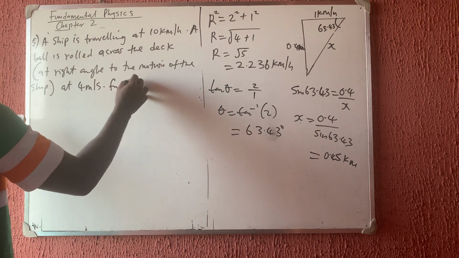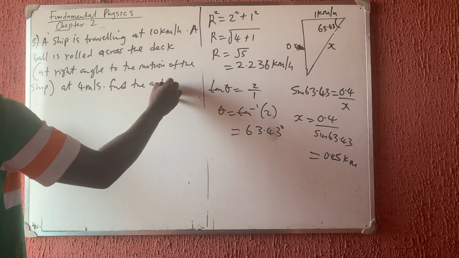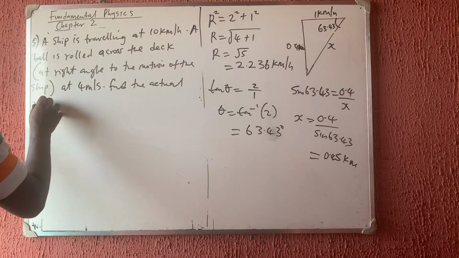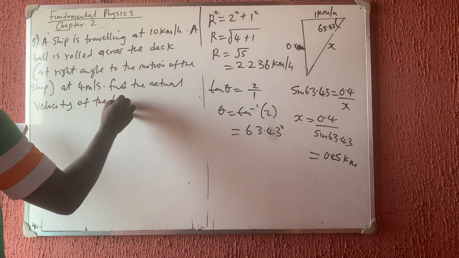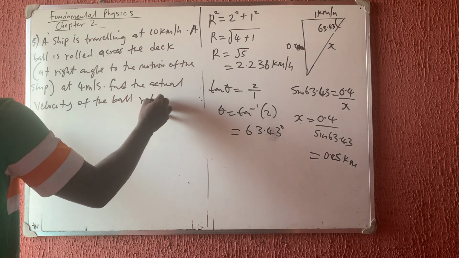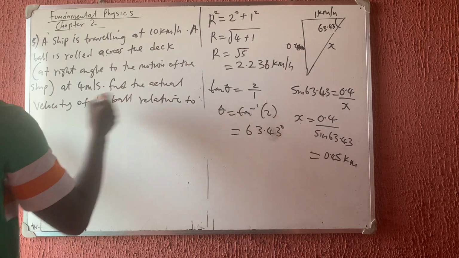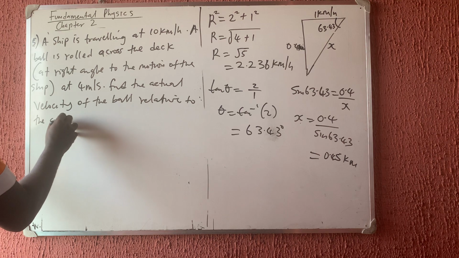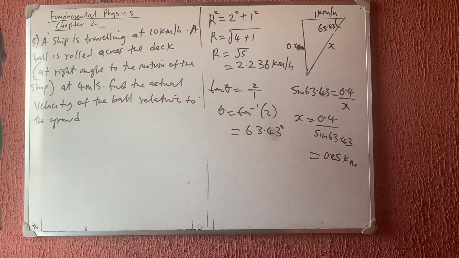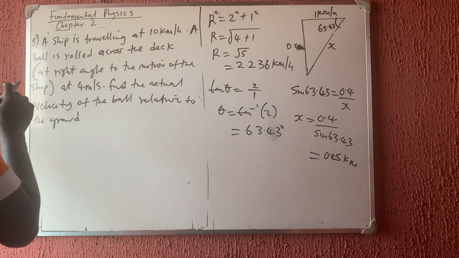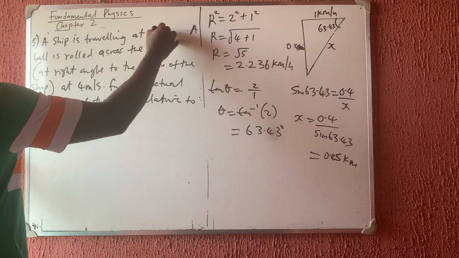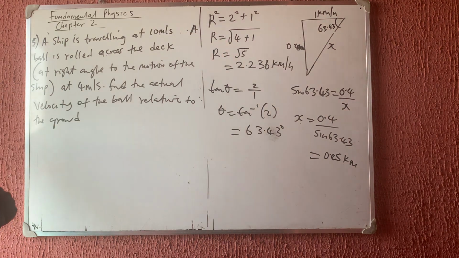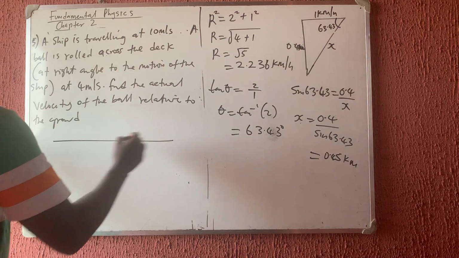Then I say find the actual velocity of the ball relative to the ground. Now first of all, this thing is in meter per second. They're supposed to be the same, so it's a typographical error. This is equally meter per second.